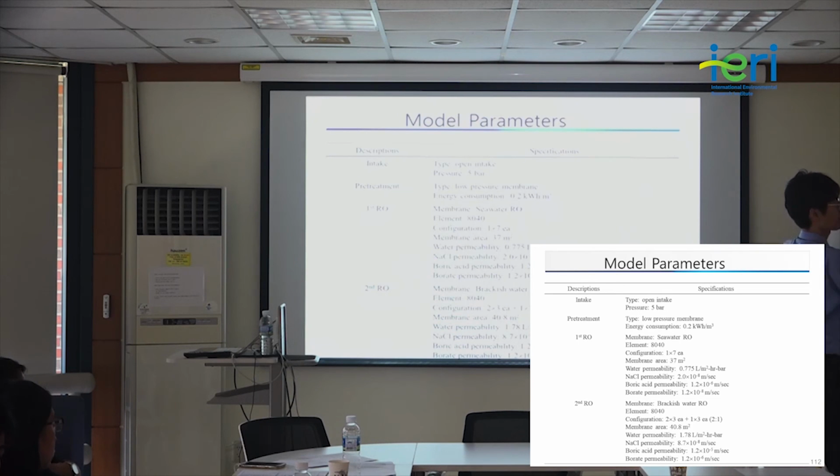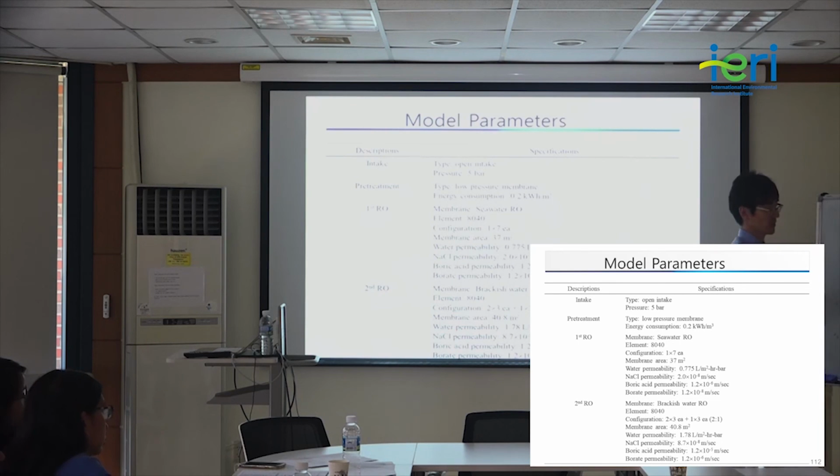And after passing that, we put 3 elements, total 6 elements, into 2 vessels and 3 elements in the last vessel. And the reason why we have this kind of configuration is because once the water passes through the first vessel, the flow rate will decrease. So to compensate for this effect, we can just combine the concentrate from 2 vessels into 1 vessel.